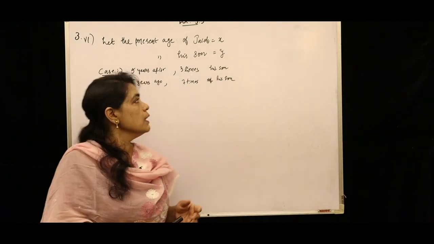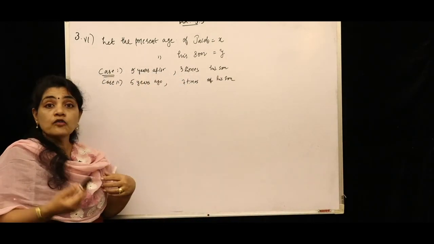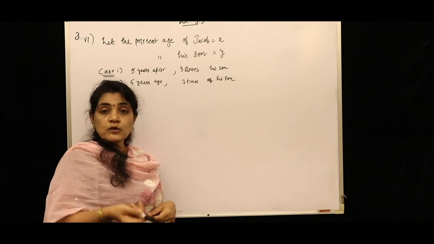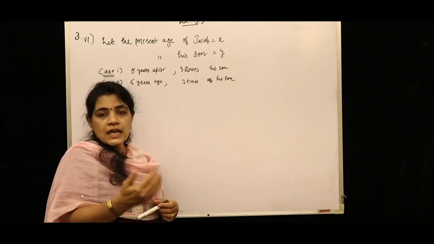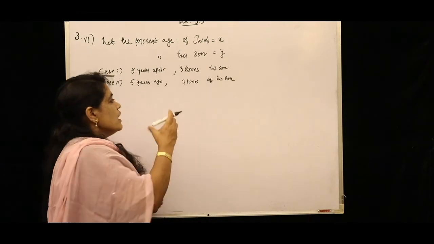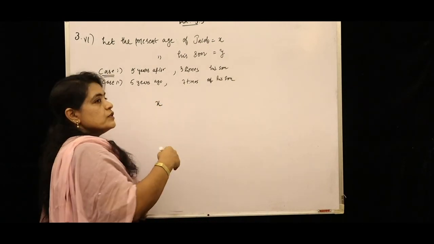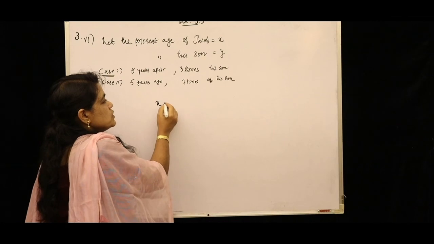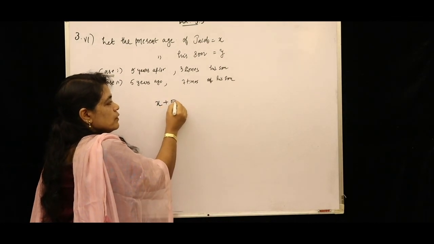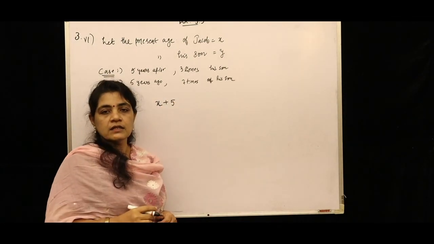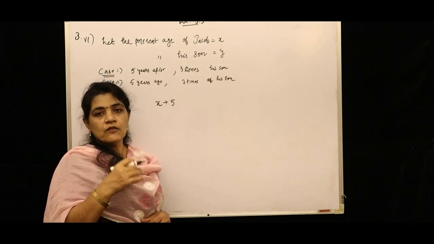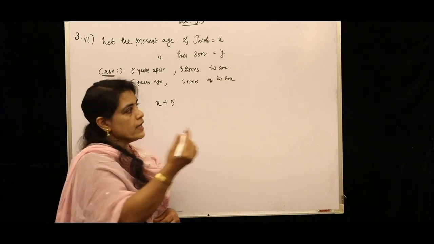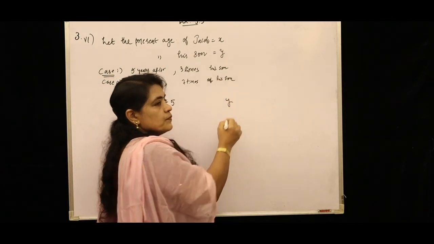In case 1, 5 years after means future. Jacob's age will be, the present age we have taken x, so after 5 years his age will be x plus 5. Suppose you are now 15 years. After 5 years, your age will be 15 plus 5. The same way, Jacob's son's present age we have taken y.